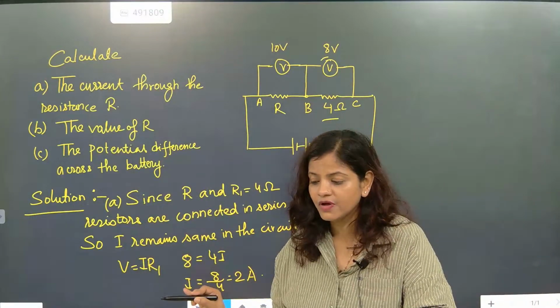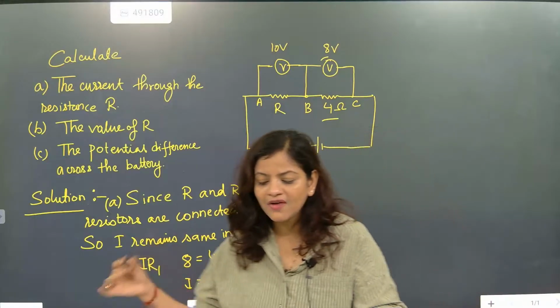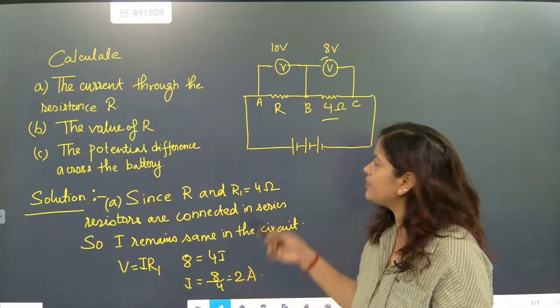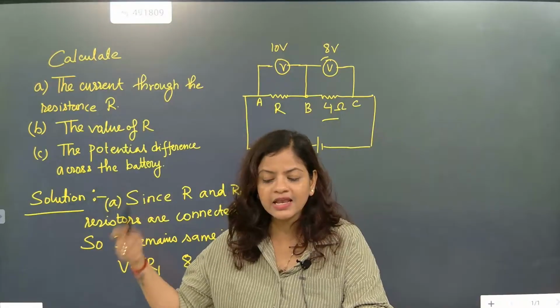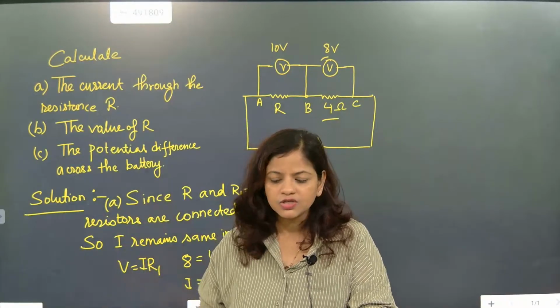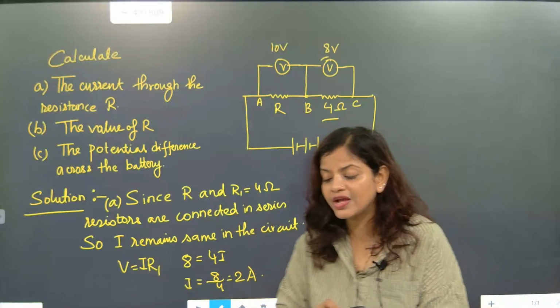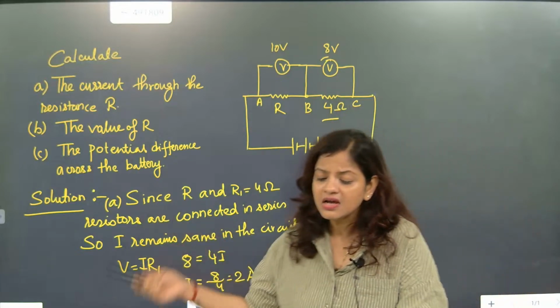Directly don't solve; they'll not give you marks. Understood? They'll cut marks because you have not explained the preliminary steps: how the current is common, because both are connected in series. So since both are connected in series, current remains the same, which means one particular resistor is enough to get the current. So we use this resistance to get the current.